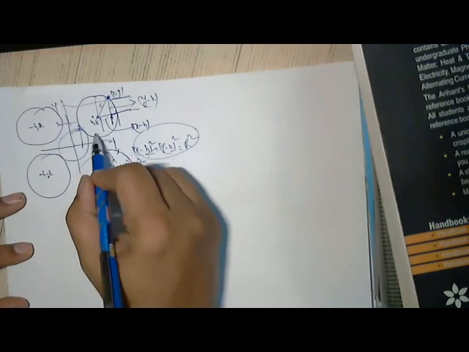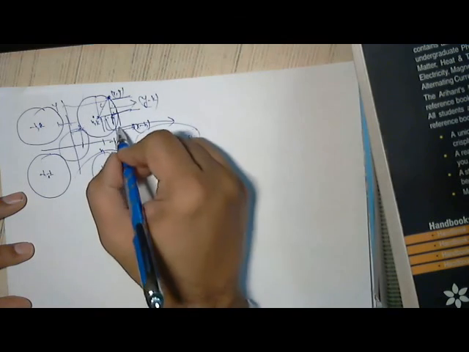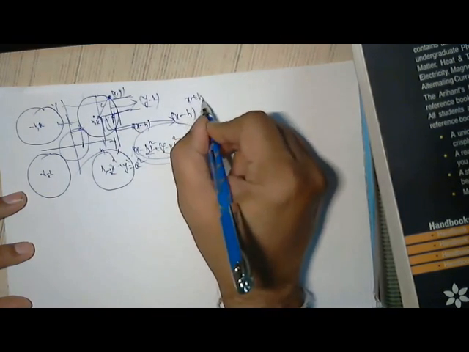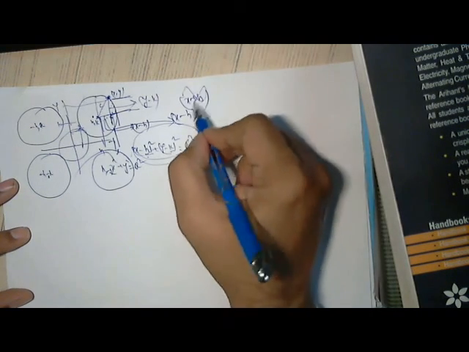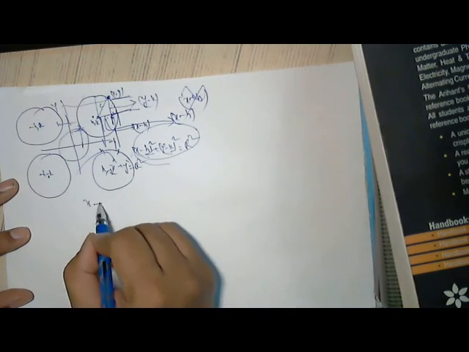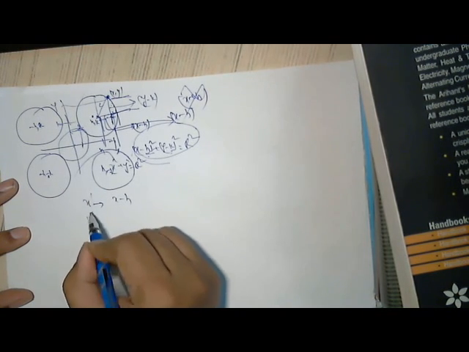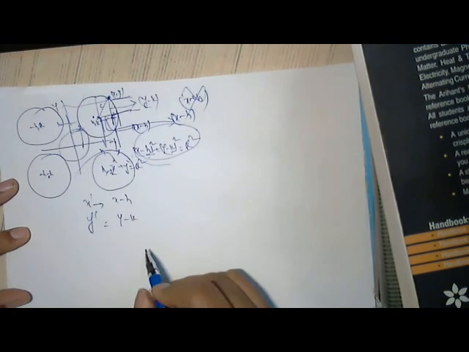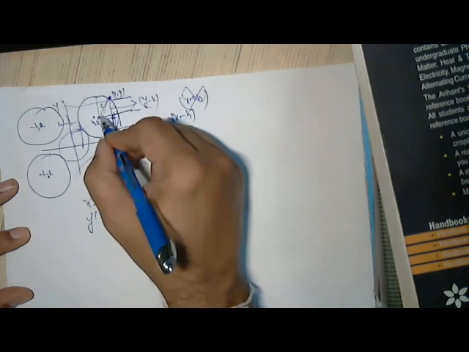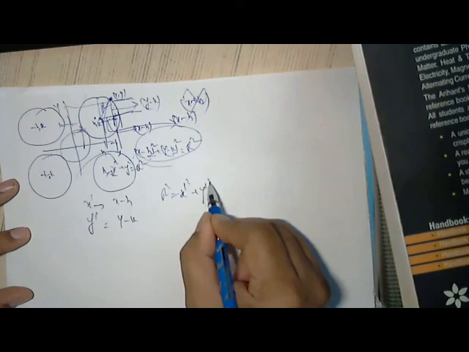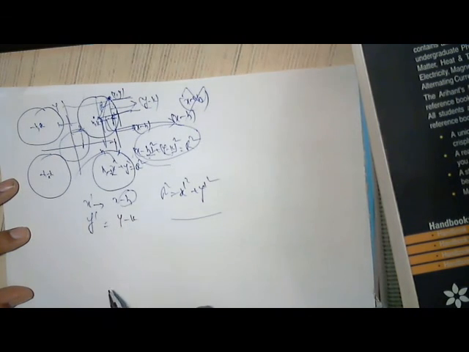Because the x component of this portion is x minus h. It is not x plus h. So the x component is x minus h, the y component is y minus k. So when we want radius square equal to x dash square plus y dash square, I want minus h.